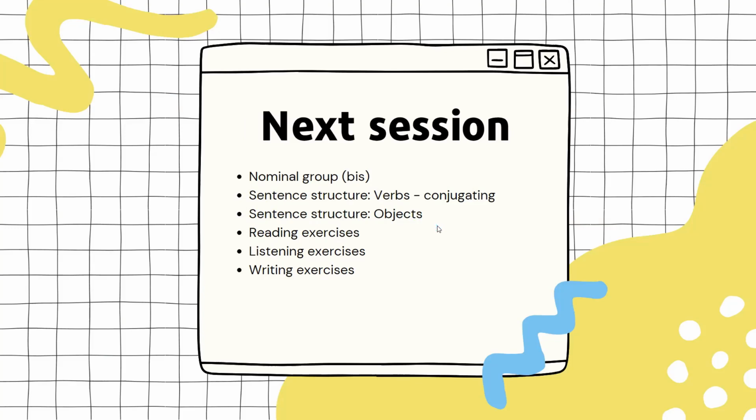So first element, the subject, then the verb, the action, then the object, what receives the action. I hope we have time to do that in one session, but I'm very ambitious. And then the next session, I would like for us to practice some reading, listening, and writing exercises. Today, we practiced a little bit of writing, but next session, we'll do more.